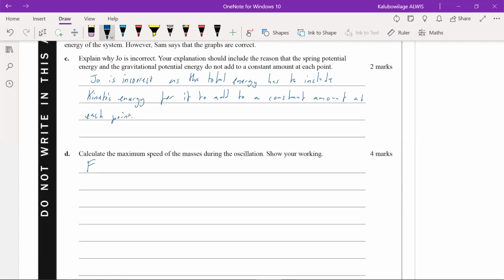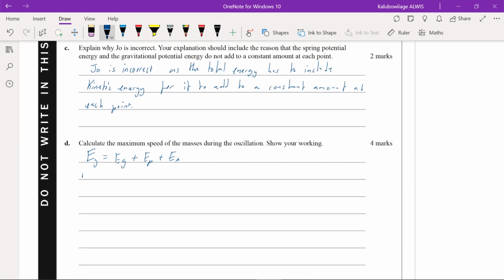And then in the middle, we'll have gravitational potential and spring potential and kinetic energy, half kx squared plus half mv squared.